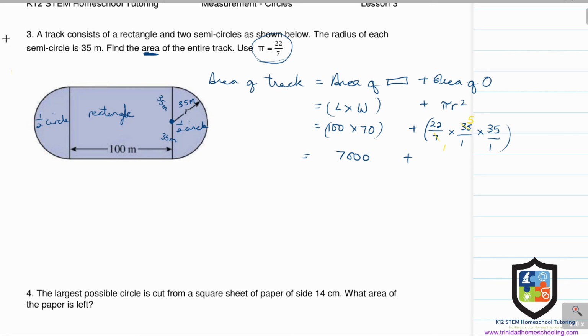And we are left with this 22 by 5 by 35, which is 3,850. Okay, so meters is our units and it is squared because it's an area.